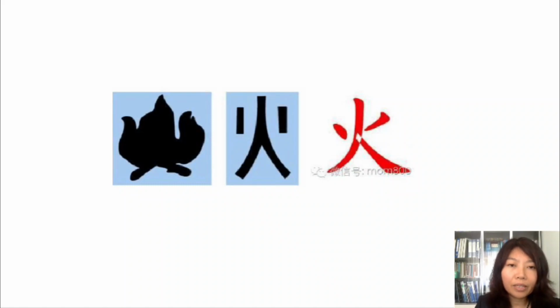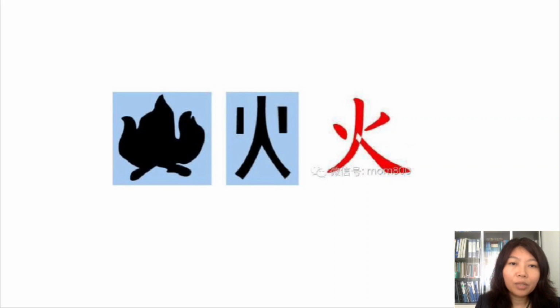For example, here, this Chinese character, fire. After we fixate on and scan this Chinese character, we probably cannot remember it very fast or very clearly.